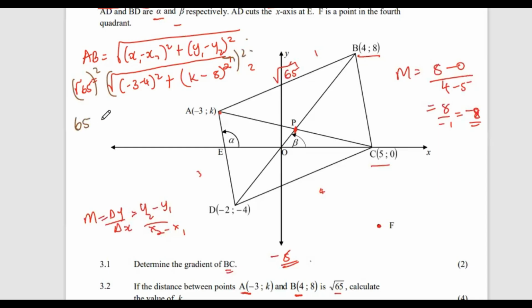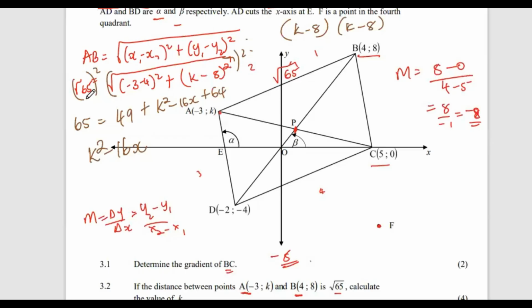So I have 65 equals (-3 minus 4), which gives me negative 7. I square that, I have 49. When I open this up, I can use my FOIL, (K minus 8) and (K minus 8). So that's K squared minus 16K plus 64. I'm going to regroup this and create what we call a standard quadratic. So I have K squared minus 16K, and 49 plus 64 is 113.